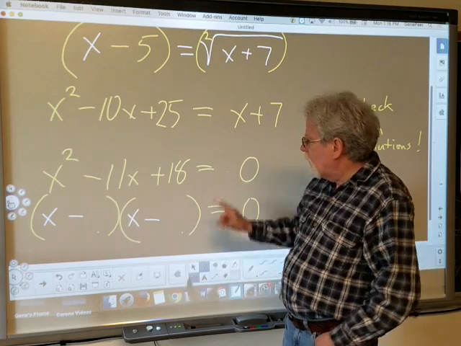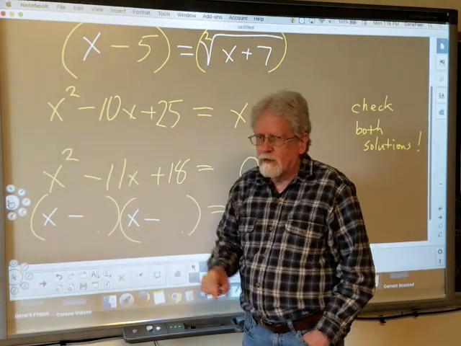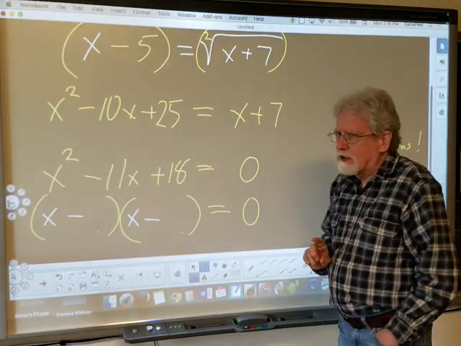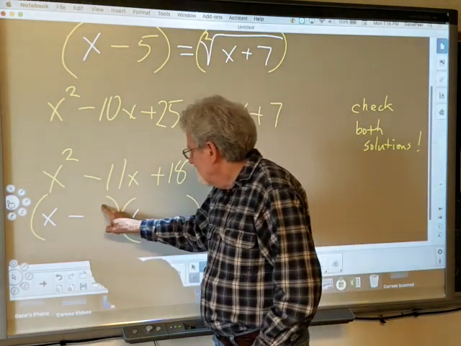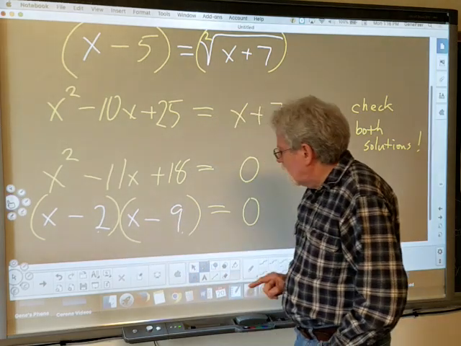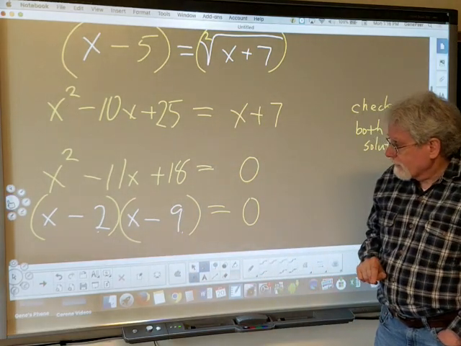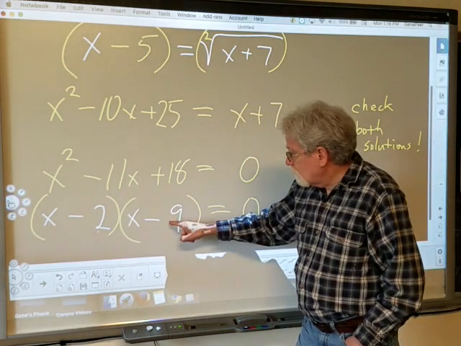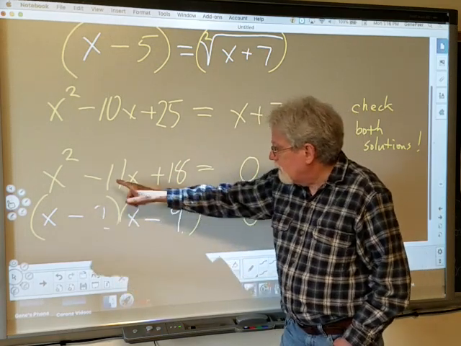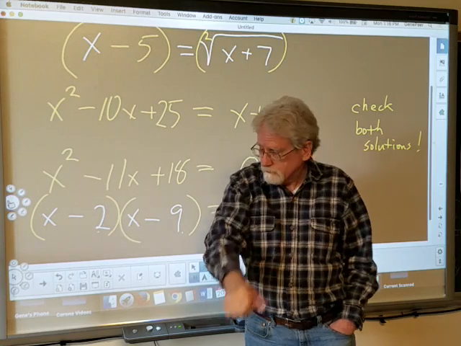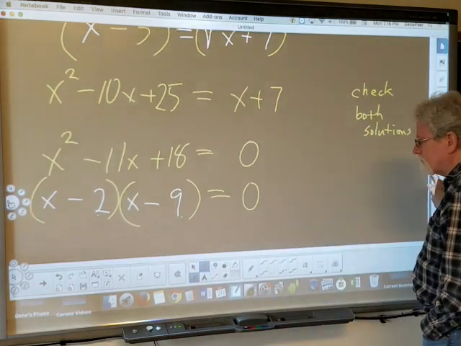We need two numbers now that multiply to give 18, but add to give 11. Oh, there's no such thing. Think about it again. Oh, yes. Negative 2 and negative 9. That wasn't hard. No, it's not hard. Because negative 2 times negative 9 is positive 18. And negative 2 minus 9 is negative 11. It works. So what are my solutions then?